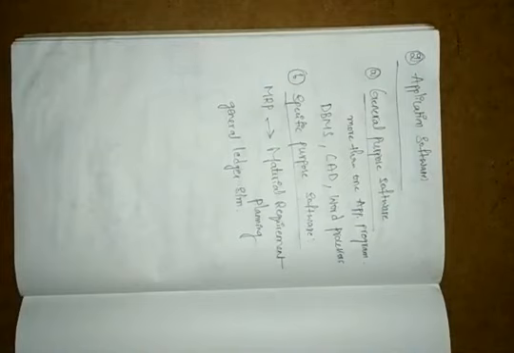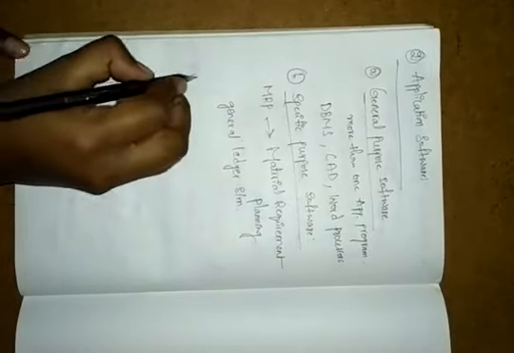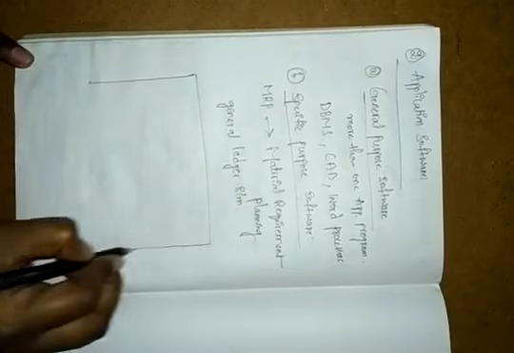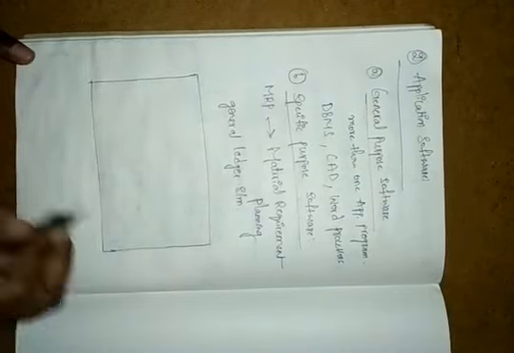And how do the system software and application software interact? We have one diagram to represent that. First we have the users.